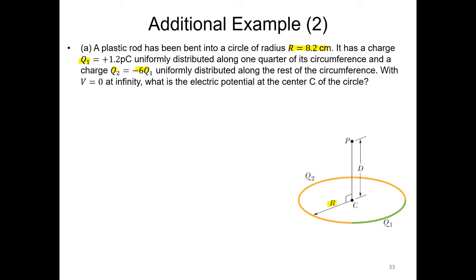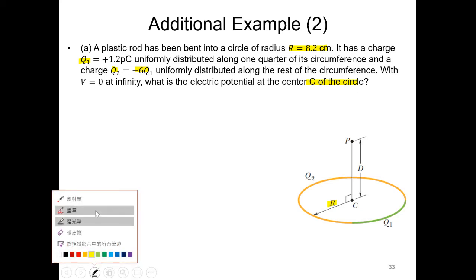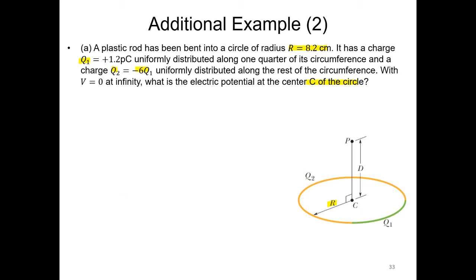With V equals 0 at infinity, what is the electric potential at center C of the circle? So this is pretty easy. Because you just only need to consider the potential, which is nothing but a scalar.